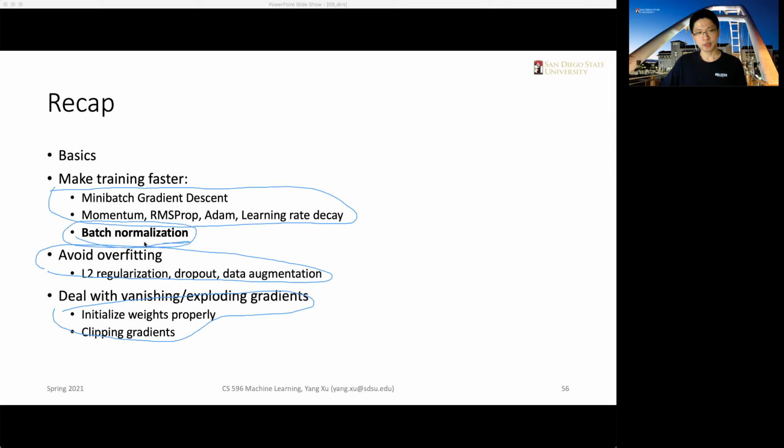The purpose of batch normalization is also to make the training faster. It's a technique that is so commonly used that we can see it nowadays almost everywhere. For example, in the very popular GANs, generative adversarial networks, batch norm is applied almost everywhere within the GAN model.